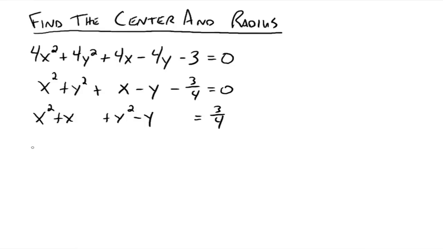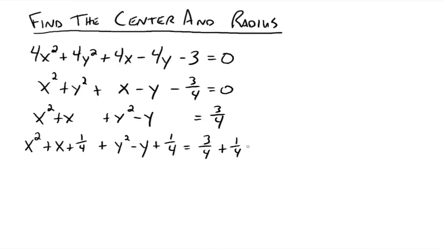A half squared is a fourth, so x squared plus x, we're going to add in 1/4, right? Which we're going to add in a fourth here to the other side in just a second. Now what about this situation? All right, well, you got a 1 again still, so 1/2 times 1 is a half squared, so you can add in another fourth. Right, so we have 3/4 on the right side. We're going to add in a fourth for the x's and a fourth for the y's.